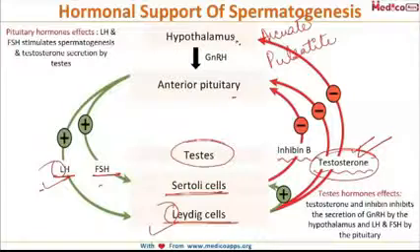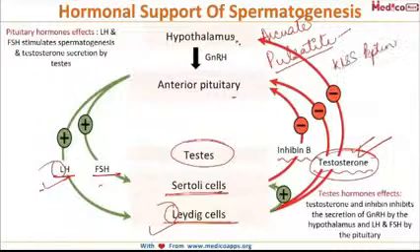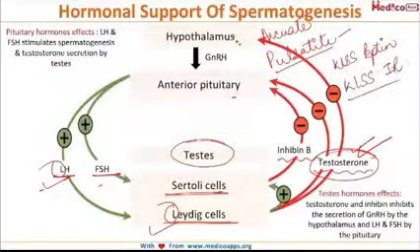Now a few words about the pulsatility of GnRH. What is the transmitter involved in the pulsatility of GnRH? It is kisspeptin. And what is the receptor involved? It is the KISS1R receptor.